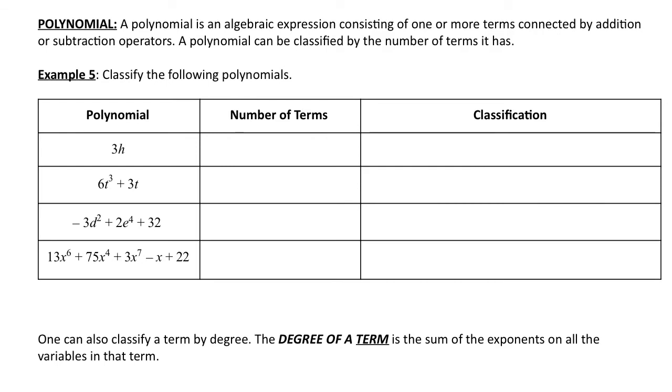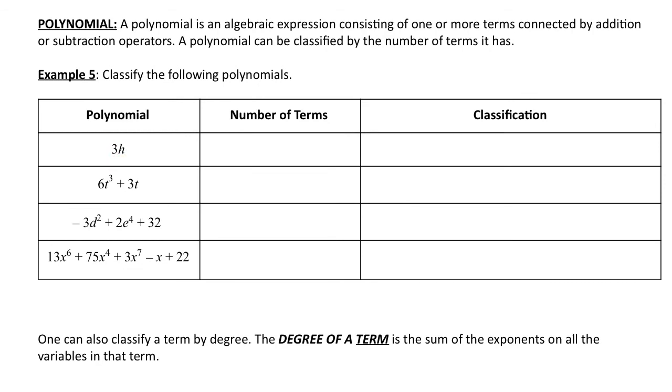So in our next example, we are asked to classify the following polynomials. I'm going to take you through how to identify how many terms or how many parts there are to a polynomial. And then based on the number of terms or parts, we can give it a name or a classification. So our first polynomial here is 3h.